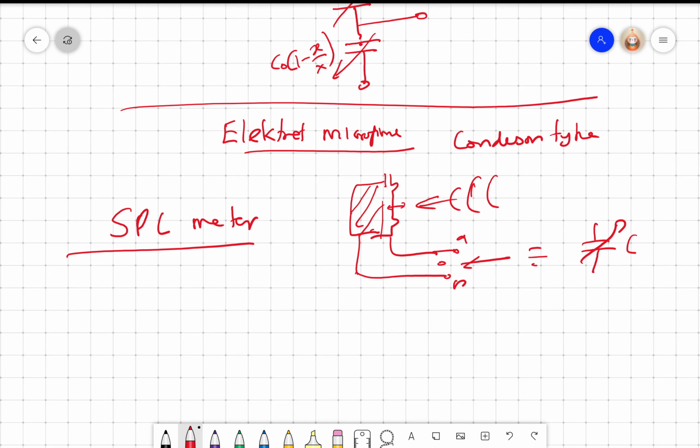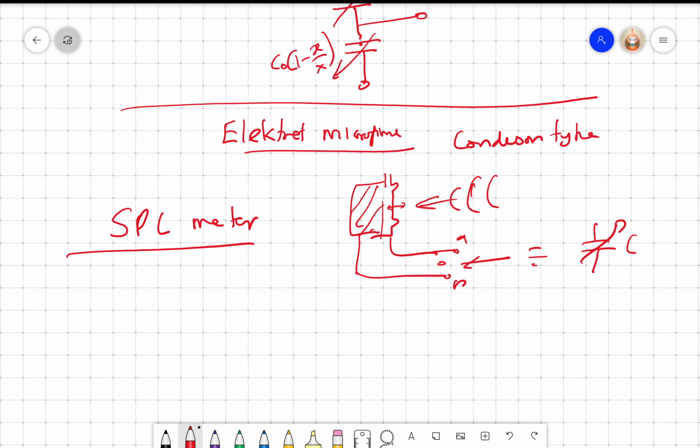You can design it such that when you calibrate, you get good results. Most sound level meters that you can buy today invariably use a capacitive microphone, right?